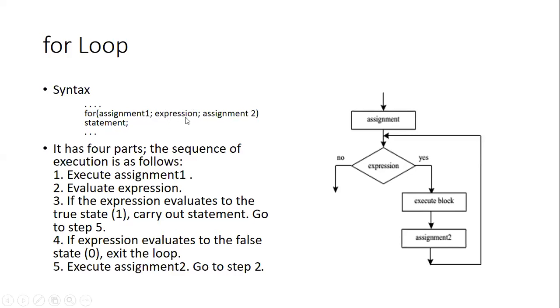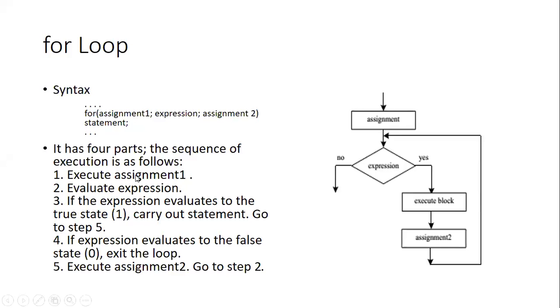If the expression evaluates to 1, it will keep on repeating the steps. If the expression goes to 0, it will end. That depends on how you give it; 1 and 0 is your choice. You may follow forward forwarding or reverse forwarding. So that depends on your choice.